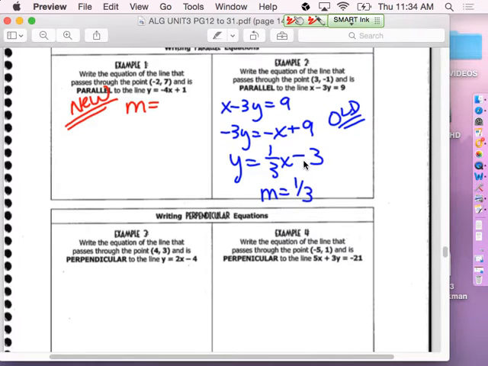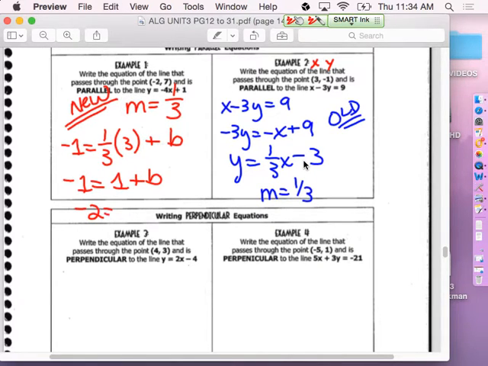The only information I need from my old line is its slope, and I'm given a specific point. So y is -1, my slope is 1/3, x is +3, allowing me to solve for b. So -1 equaling 1 plus b, b is -2.